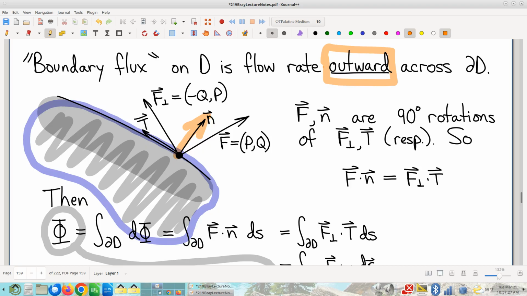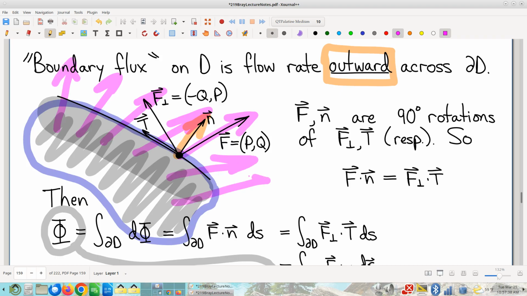So for example, as the fluid flows, you can see maybe along in here, there is clearly a positive outward flow. But that same flow is inward over there, which, given the convention that outward means positive, down here we're talking about a negative outward flow because it's inward, it's not outward.